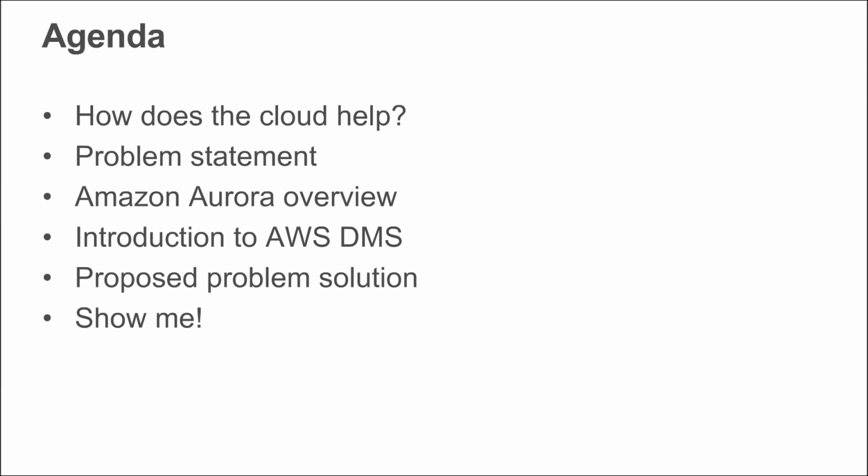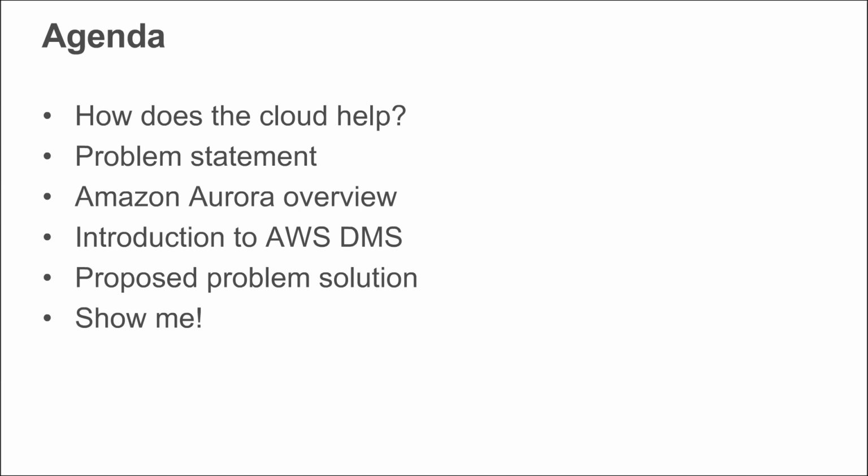Our overall agenda is, as you can see on the screen, we're going to start off with talking about some of the basics about how the AWS Cloud can help, both with MySQL sharding and other database-related problems. We're going to take a look at the problem that we're trying to solve, obviously about MySQL. Our solution that we're going to propose is, of course, Amazon Aurora. So we're going to talk a little bit about what Amazon Aurora can do and how it can help resolve these issues.